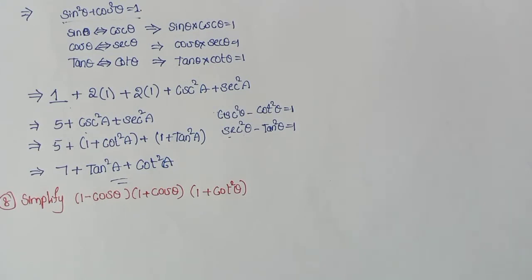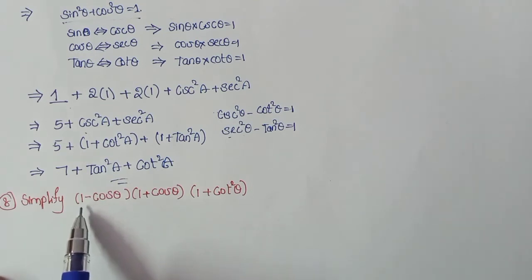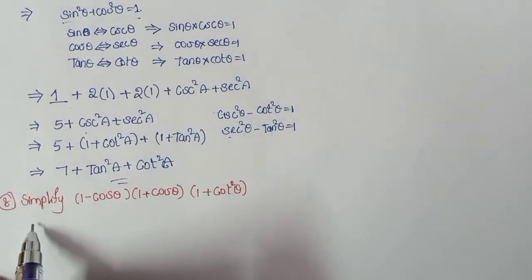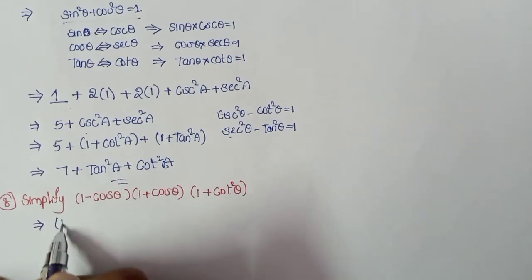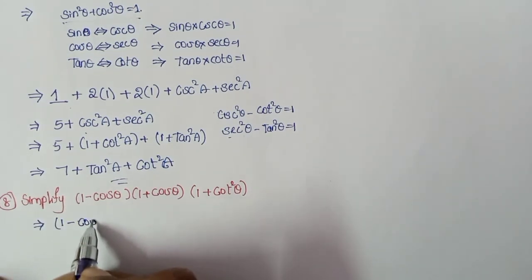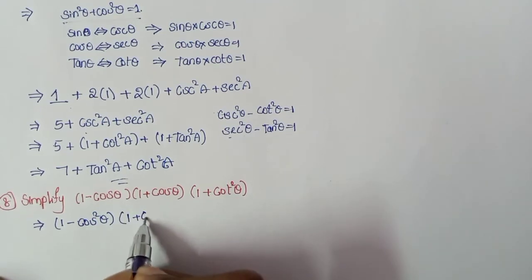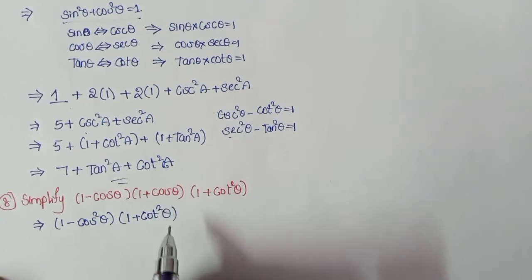We'll do the next problem, that is simplify (1 minus cos theta) into (1 plus cos theta) into (1 plus cot square theta). Here they have given (a minus b) into (a plus b), so we can write a square minus b square. That is, a square is 1, b square is cos square theta. So 1 minus cos square theta into 1 plus cot square theta.